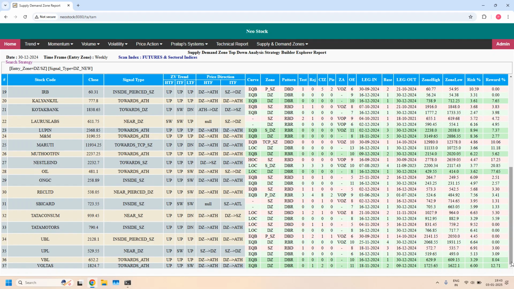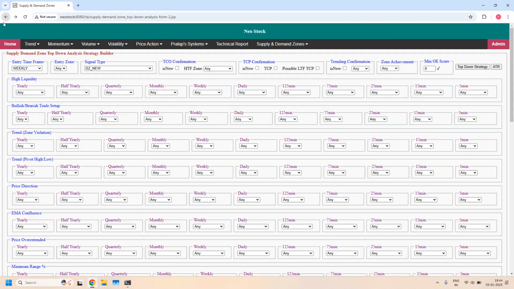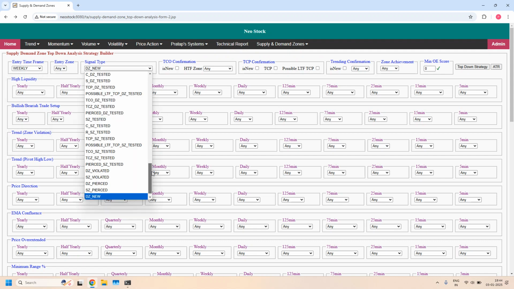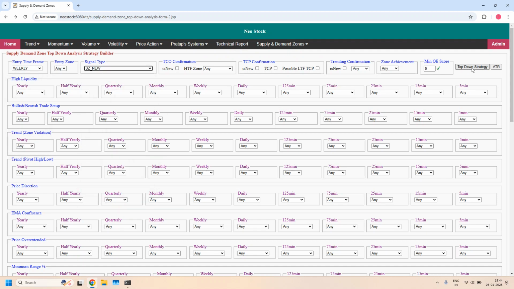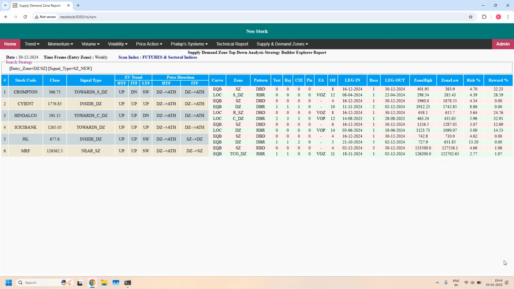So total 37 weekly demand zones are created. All these 37 stocks having newly created weekly demand zones. Okay, next. For weekly time frame, let us find the stocks having newly created weekly supply zones. 6 stocks are filtered. These 6 stocks are having newly created weekly supply zones.